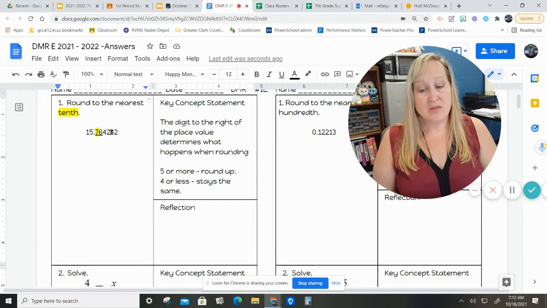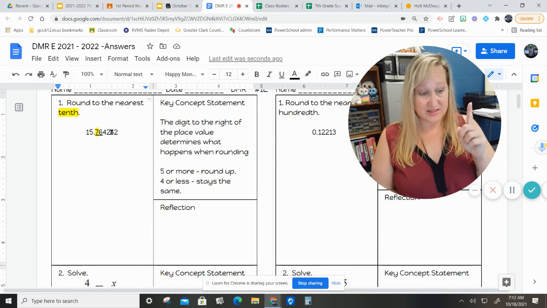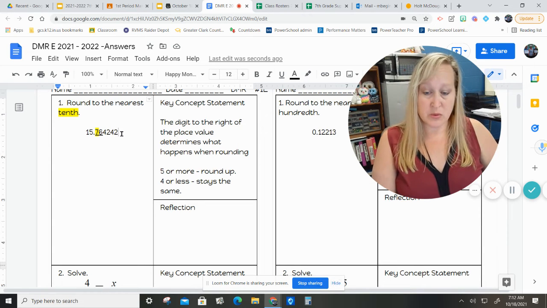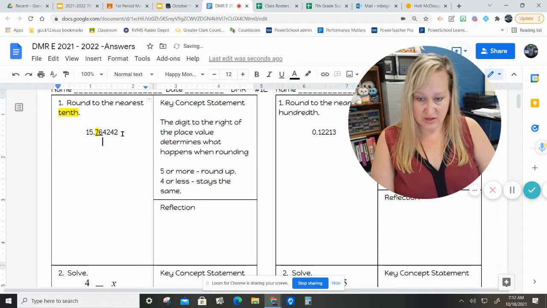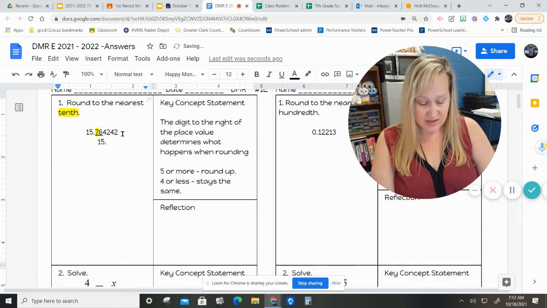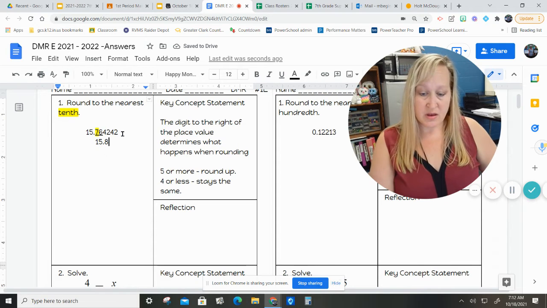So 15.76, that 6 tells me that the 7 needs to move up 1. So the answer then will be 15.8. So 15 and 8 tenths.